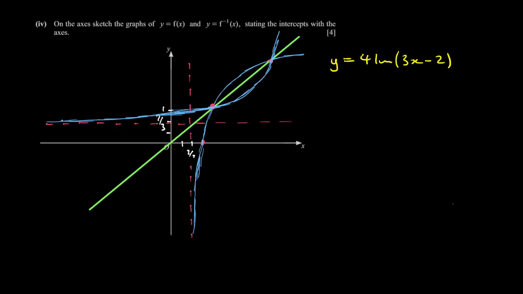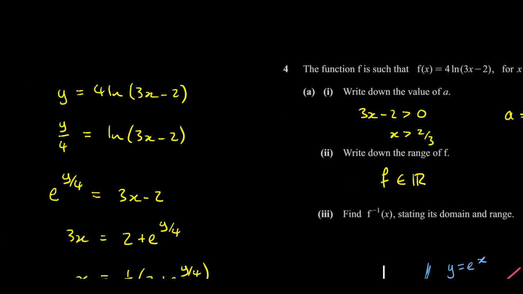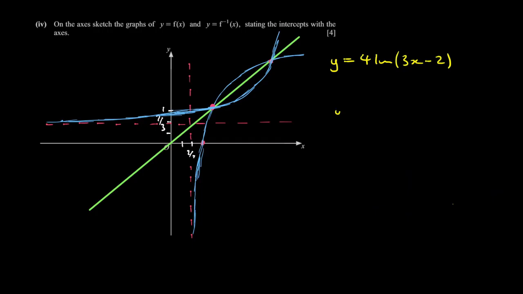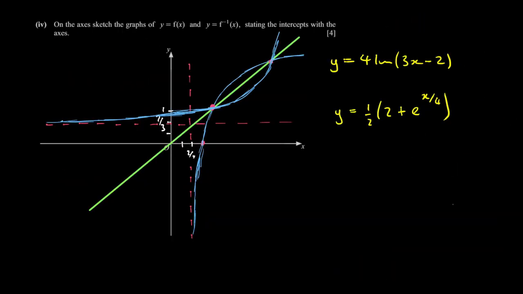Now, if you're wondering about how to sketch an exponential graph, our exponential graph was, what was it? y is equal to a third of (2 plus e to the power x upon 4), I think. Yeah. So how can we sketch that? Well, where are we going to get the asymptote?